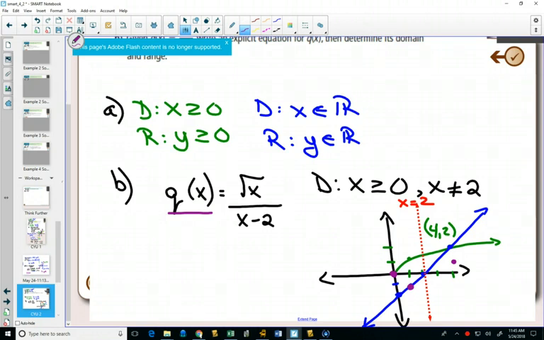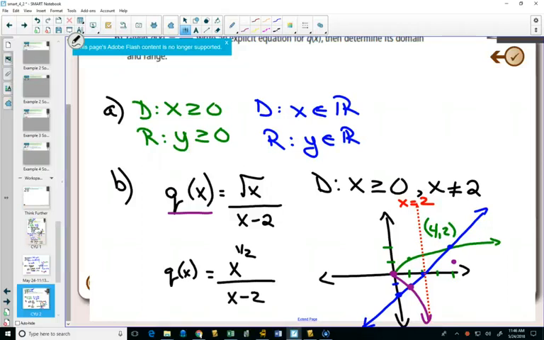How am I going to graph my purple graph? Well, first of all, I know that my purple graph doesn't exist when x is less than 0. And because of this asymptote, you can probably see that that graph is going to go in that direction. Something connected to what we did in our graphing rational functions unit. If I change q of x, I can change the square root of x to x to the half, and on the bottom I have x to the minus 2. My highest degree is x to the 1.